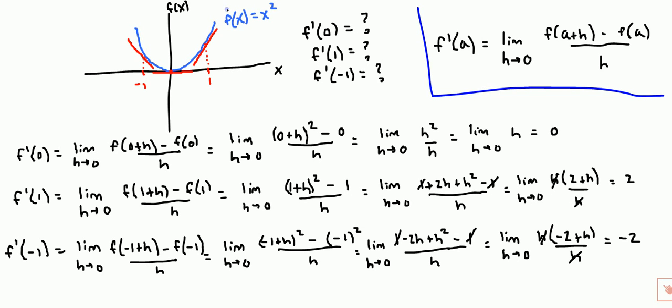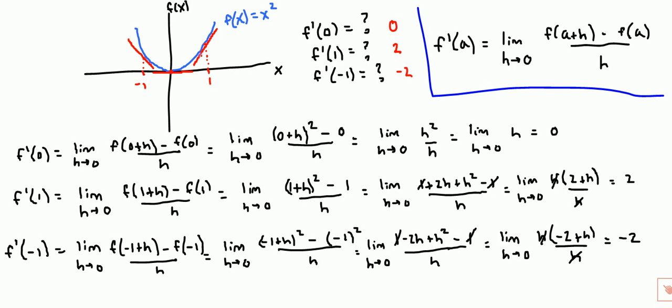So to summarize, we found out that f prime of 0 was 0, f prime of 1 was 2, and f prime of -1 was -2. These values are the derivative of the function at these different points, and they're equal to the slope of the function at those different points.